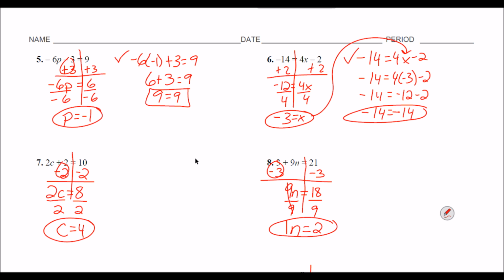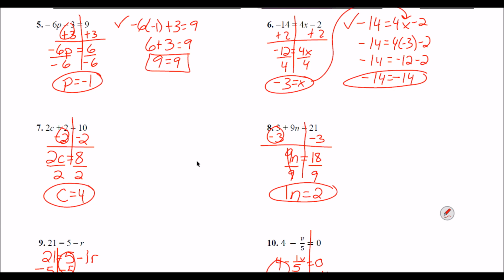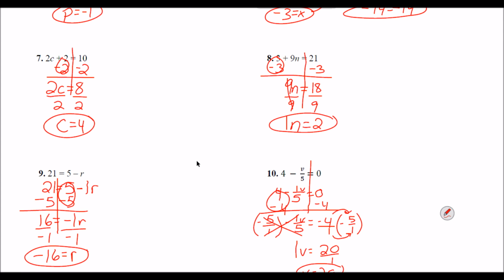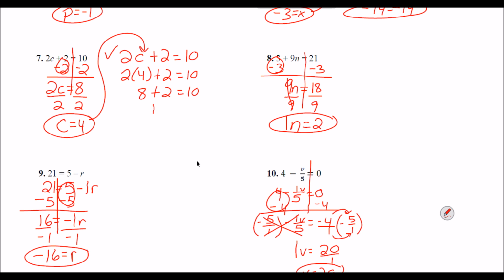All right, number 7 to check it. We're checking to see if 4 is our answer. So 2c plus 2 has to be 10. And c is getting replaced with 4. So 2 times 4 is 8. 8 plus 2 is 10. So again, left side and right side equal, so we know we're correct.